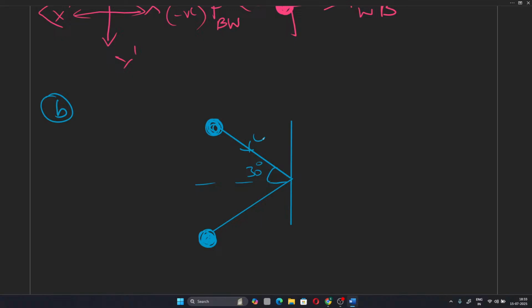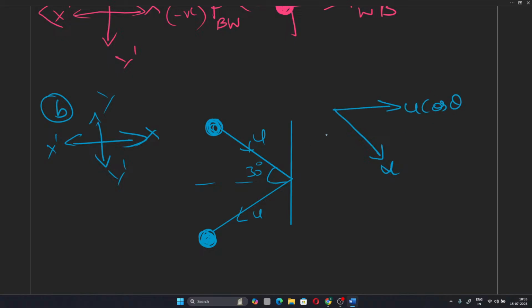The velocity does not change here, and when we resolve the velocity in the x and y axes, x dash and y dash, this is the velocity component. Let's take it as u only. This can resolve into u cos 30 degrees in the horizontal, since the angle is given here, and u sine 30 degrees. This is the resolution of the u vector.